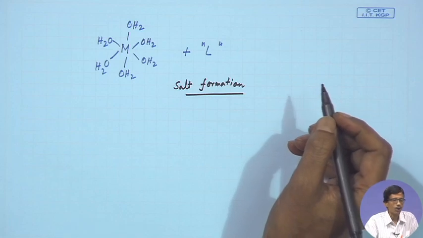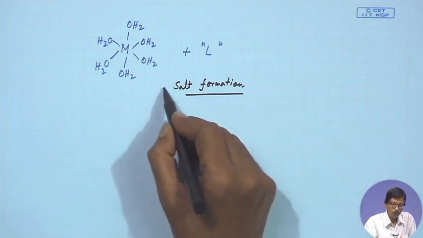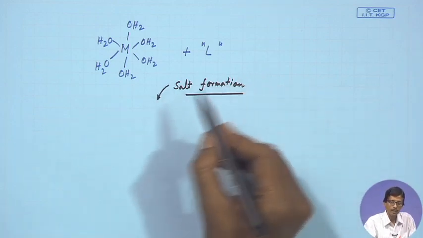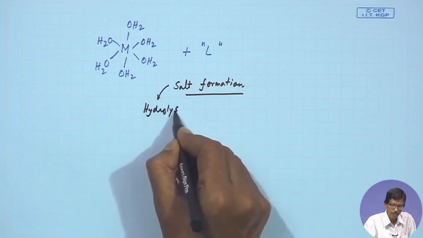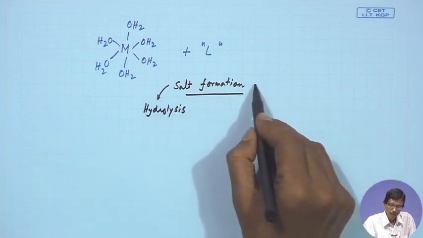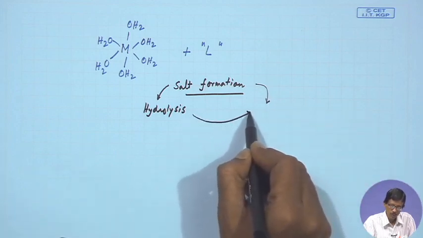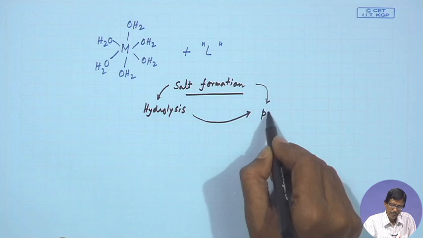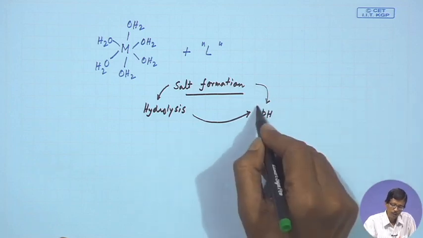So, how can this salt formation be useful to take us to some point, where in one case we have seen the hydrolysis reaction, and how this salt formation or its hydrolysis altogether can tell us something about its corresponding pH value.